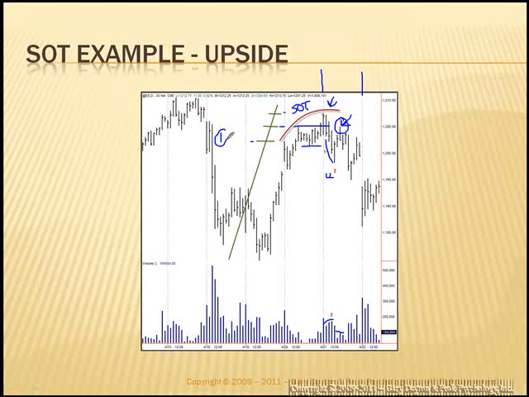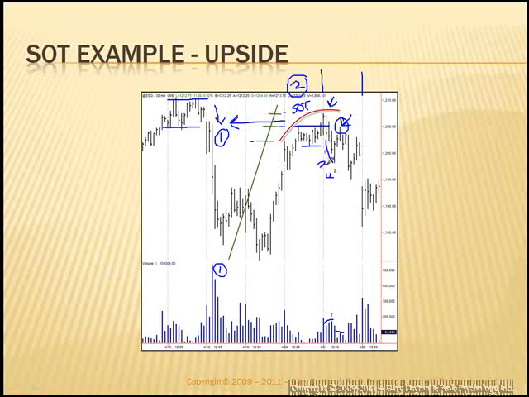Number one, we have supply coming into this market. We've broken down here out of this trading range, and we come in and there's supply. Okay? We rally back up, but we have shortening of the thrust in the supply area, in the same area that we saw over here. Right?